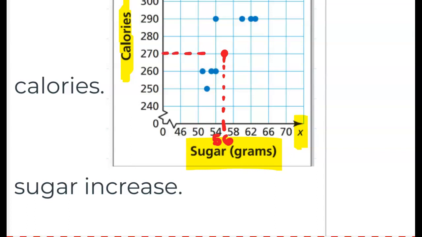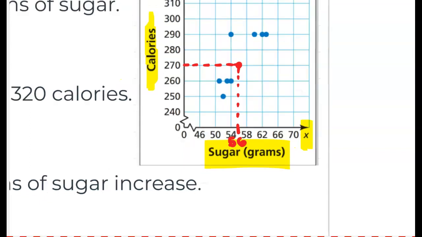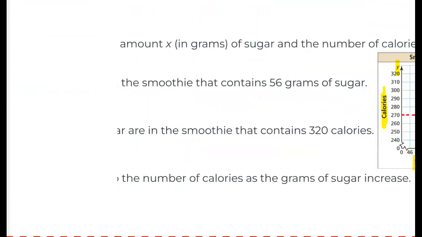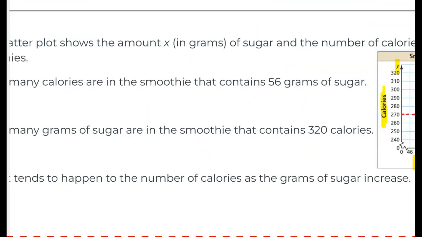We look to the left and say, okay, that one point is telling us that specific smoothie that has 56 grams of sugar has 270 calories. So that's what we're going to put for answer 1. We're going to say 270 calories because we want to use units since it's given to us.